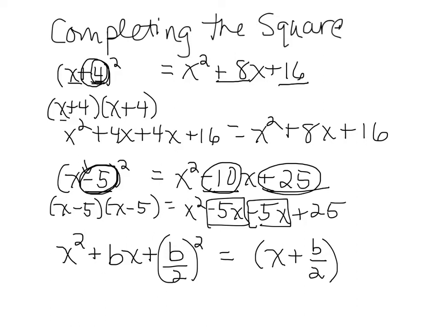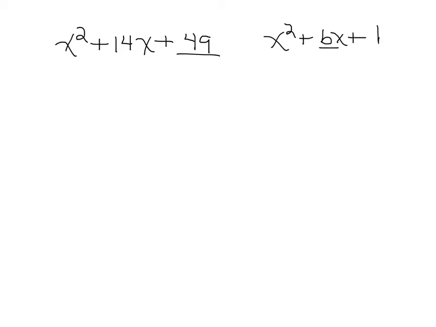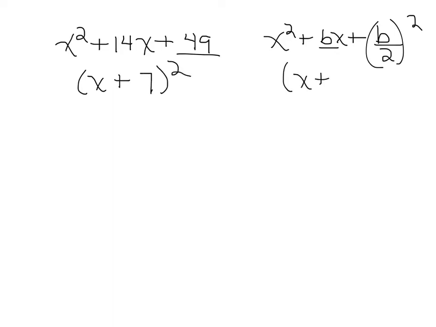Completing the square is based on this. Okay, so x squared plus 14x plus what would make this a perfect square trinomial? Well, half of 14 is 7, and 7 squared is 49. Remember, if x squared plus bx plus b divided by 2 squared, that would be x plus 7 squared. That's x plus b divided by 2 squared.